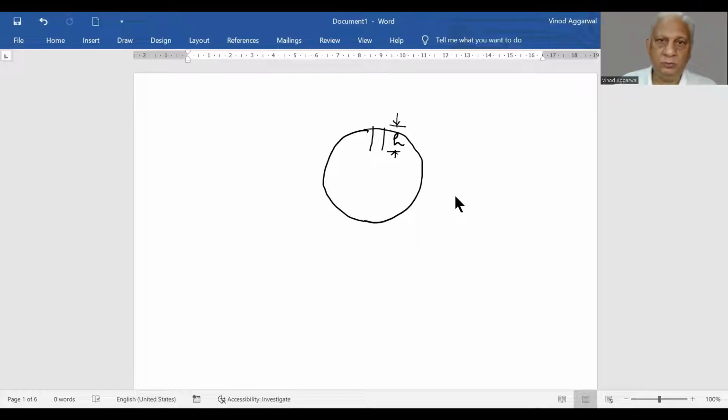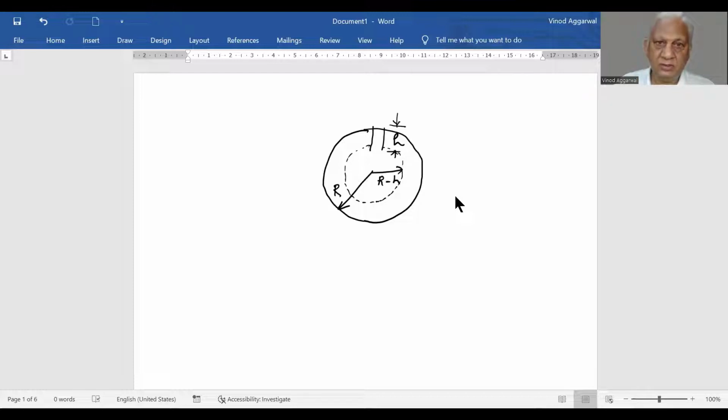Now if we go h distance deep into the Earth, then what we do is we draw a circle of radius, which is, if this was R, this radius will be R minus h.